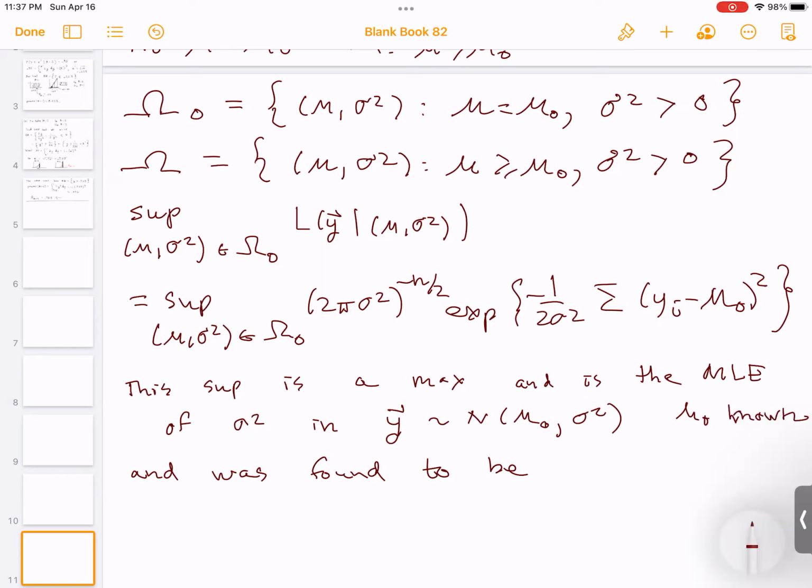So it's just a matter of differentiating this and finding the max. You could take the log first too. That would make it a little easier. But any way you do it, it's found to be, let's just write what it is, 1 over n sum of yi minus mu 0 squared.